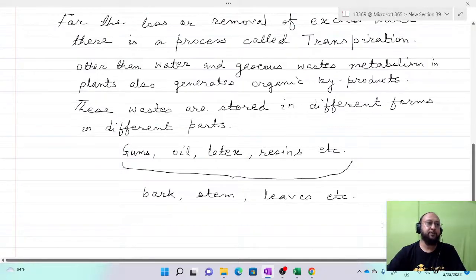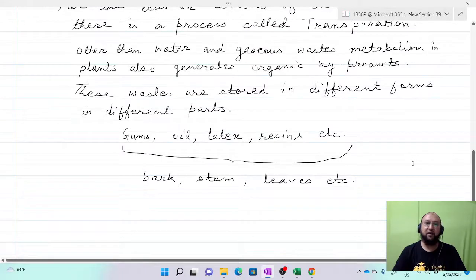Okay, now basically we can say how the process of excretion is taking place, or how the different metabolic wastes are being removed or eliminated from the plant body. Now this is the point to be noted for the exam.